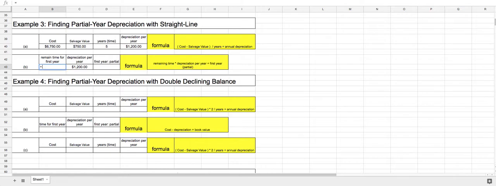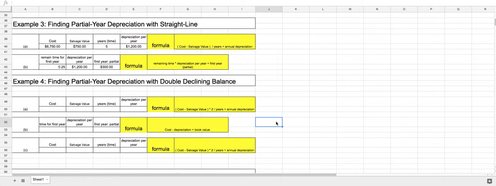So all we have to do is go equals 3 over 12 months. Again, there's 3 months remaining in the year, October, November, December. There's our rate, and now we're ready to calculate the depreciation. We take the 0.25 times the 1,200, and it's going to be $300. So the amount of depreciation at the end of the first year, if it was purchased in October, is $300.